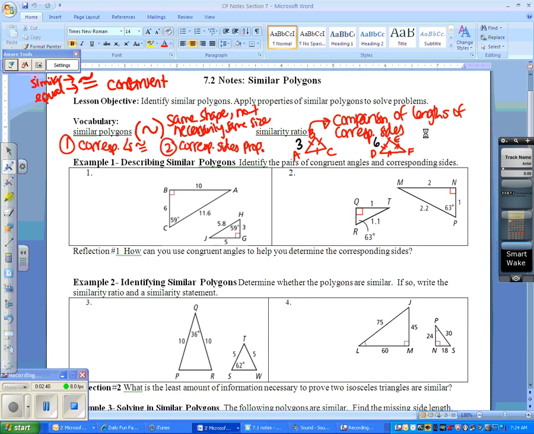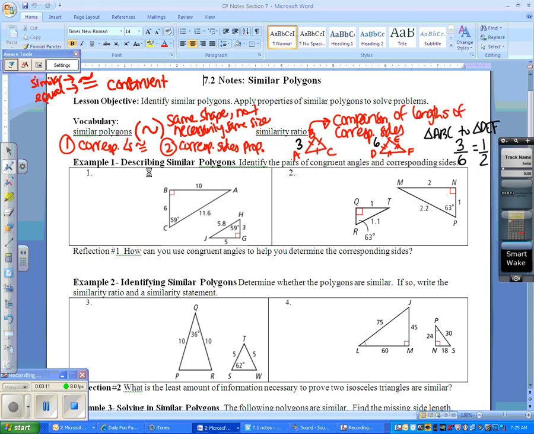Well, if I wanted the similarity ratio of triangle ABC to triangle DEF, since I talked about ABC first, I have to use the side of ABC first. So that would be 3. And then I'd have to use triangle DEF. So that would be 6. And so if I reduce that, I know my similarity ratio would be 1 to 2. Great. That means that ABC is half of triangle DEF in terms of their side lengths.